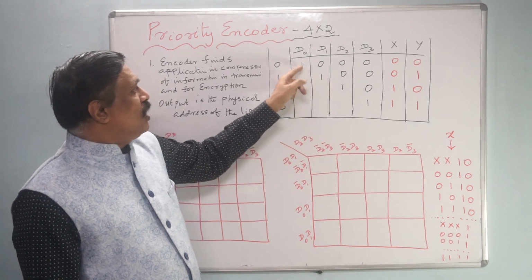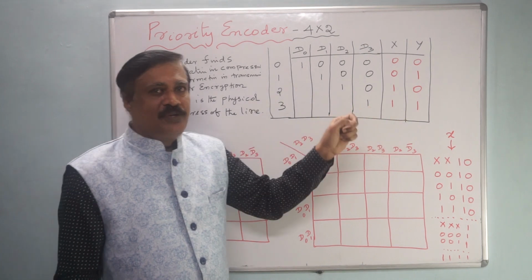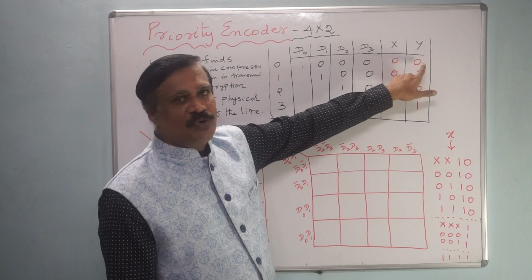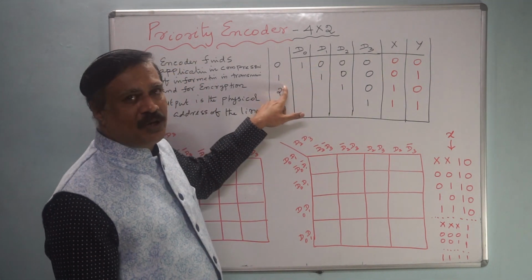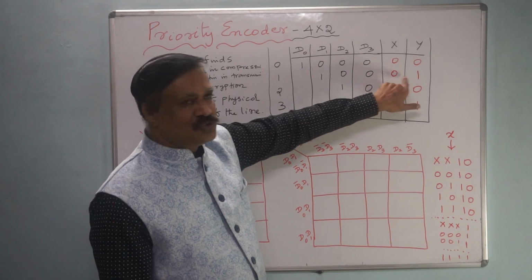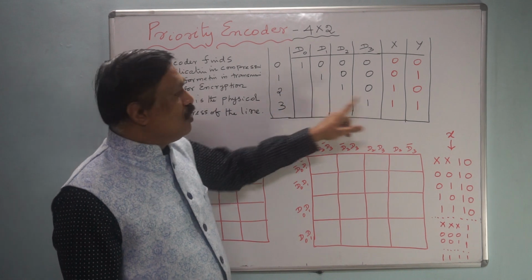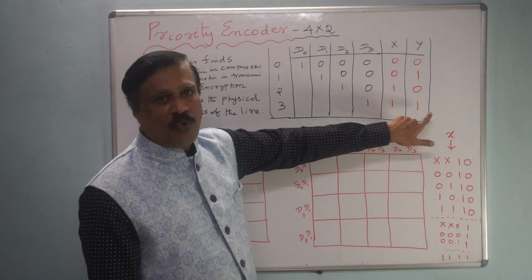Therefore here, as you know, the inputs are in a diagonal. The first input, D0 is 1, and it is equal to binary number 00. D1 equals decimal 1 and the binary is 01. D2 is decimal 2, binary 10, and decimal 3 is binary 11.